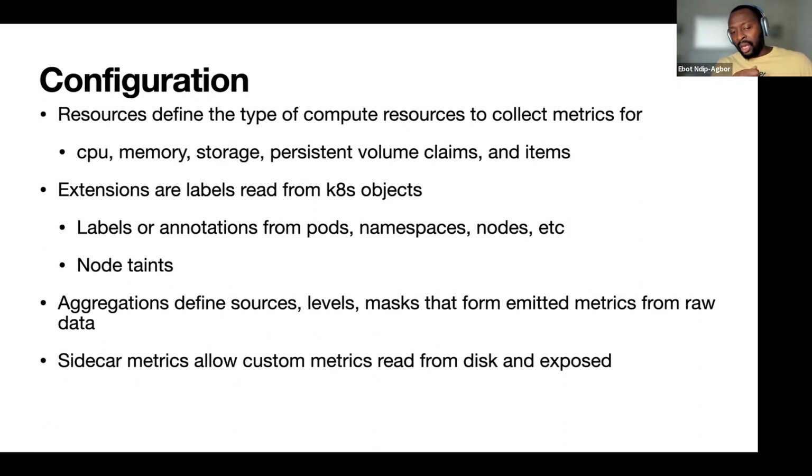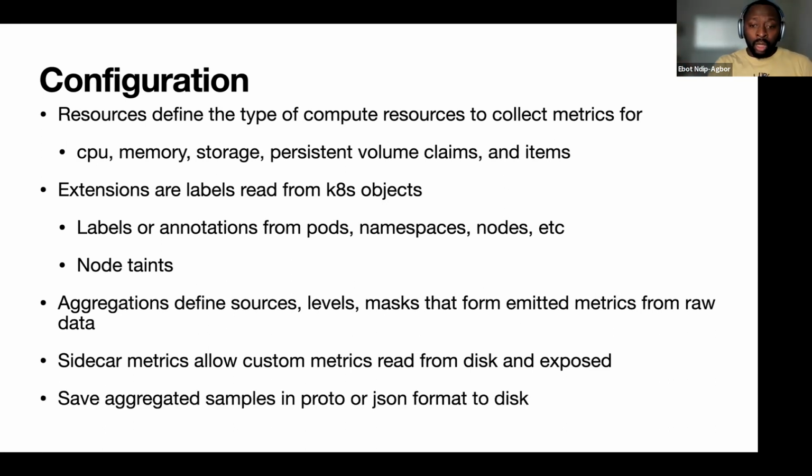And then you just pass the folder to the collector and it'll expose those metrics as well. And then this is the part that relates to the BigQuery piece or GCS or whatever object store you want. So you can also save local samples for the metrics in either protoform or JSON to disk. Okay, that's it about config.